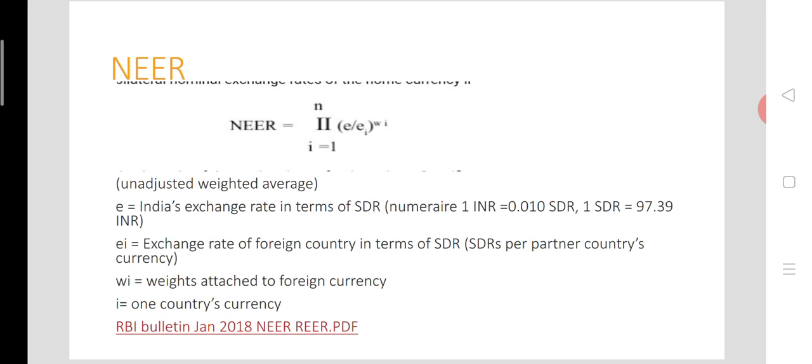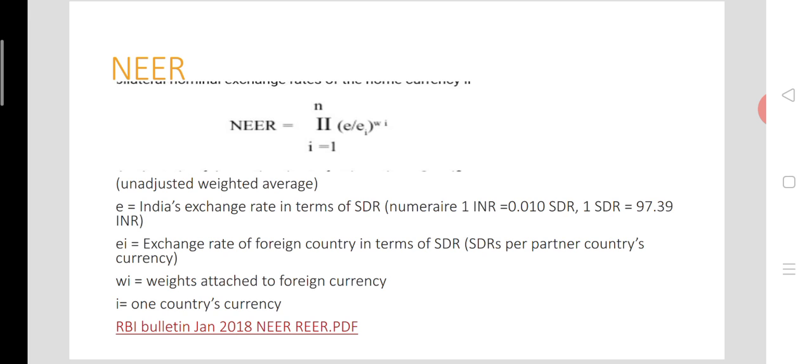SDR is the IMF's imaginary currency, at the rate of 1 SDR equal to 97.39 Indian rupees. This is not an updated figure, you have to update it anyway. At this rate 1 Indian rupee is equal to 0.010 SDR. That is E, India's exchange rate in terms of SDR, divided by Ei.